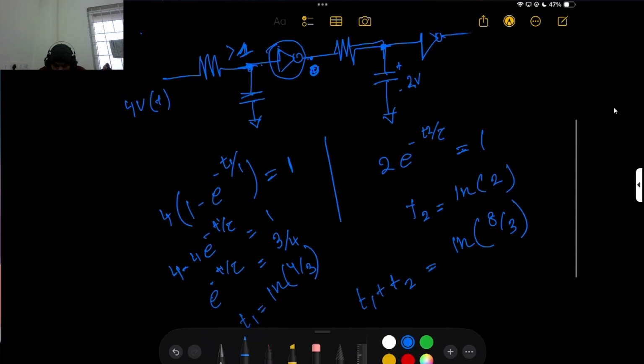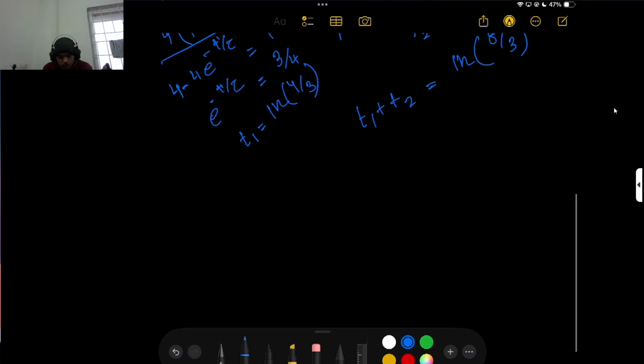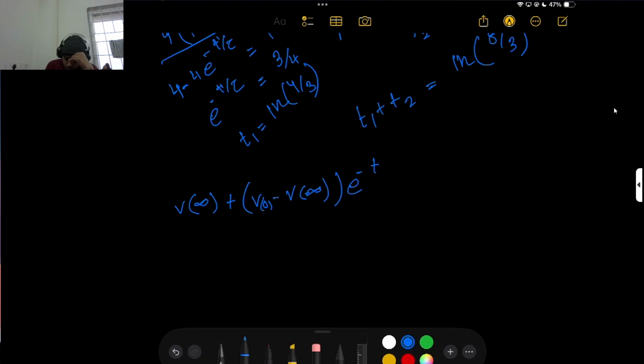And if you didn't understand how it comes, basically the voltage equation of a charging RC capacitor is V infinite plus V naught minus V infinite into e to the minus t by tau.